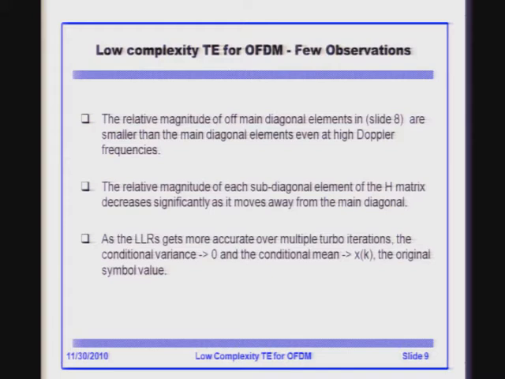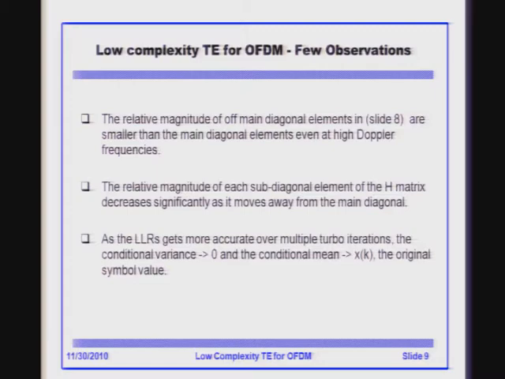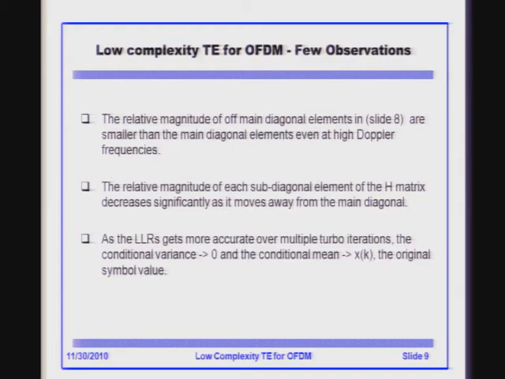What we can see are three crucial observations which we have heavily leveraged to come out with our scheme. The relative magnitude of the off main diagonal elements in the earlier slide are smaller than the main diagonal elements, even at high Doppler frequencies. That's one big finding. The other one is the relative magnitude of each sub-diagonal element of the H matrix decreases significantly as it moves away from the main diagonal.